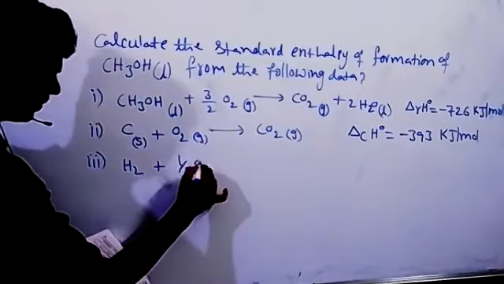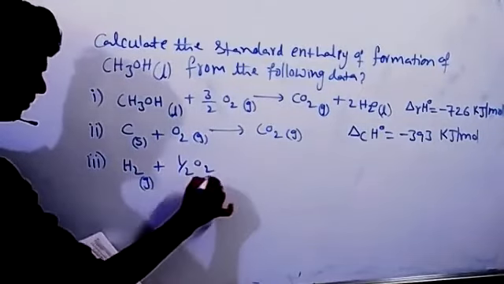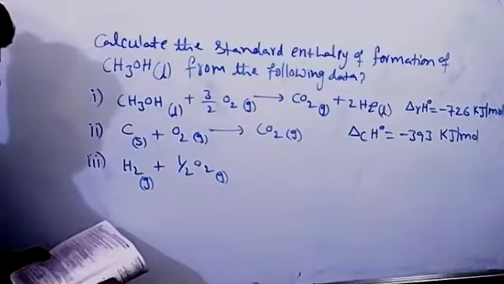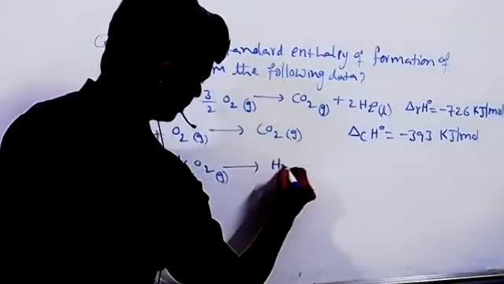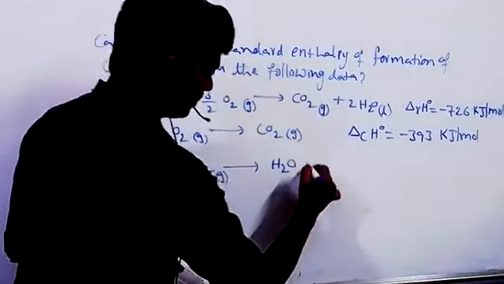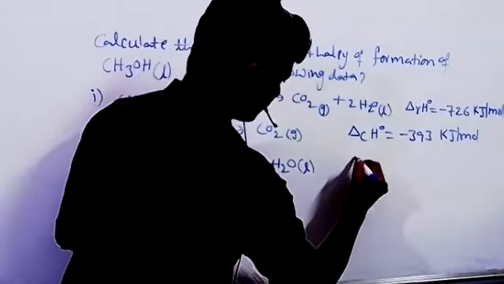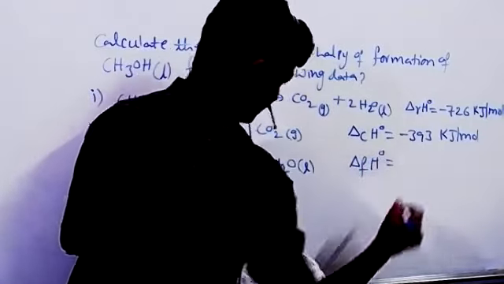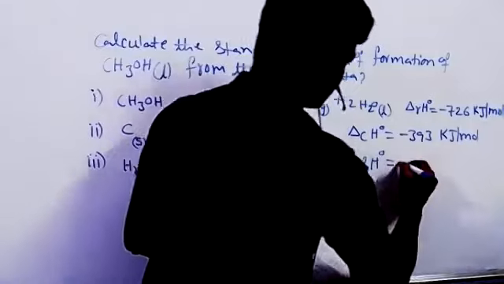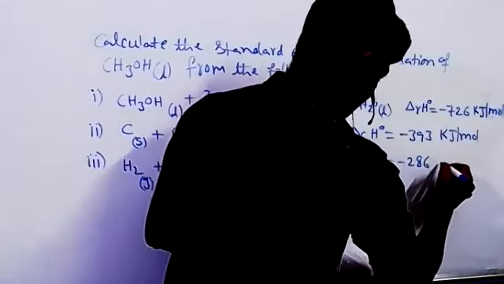H2 plus half O2 gives H2O. The enthalpy of formation of water is minus 286 kilojoule per mole.